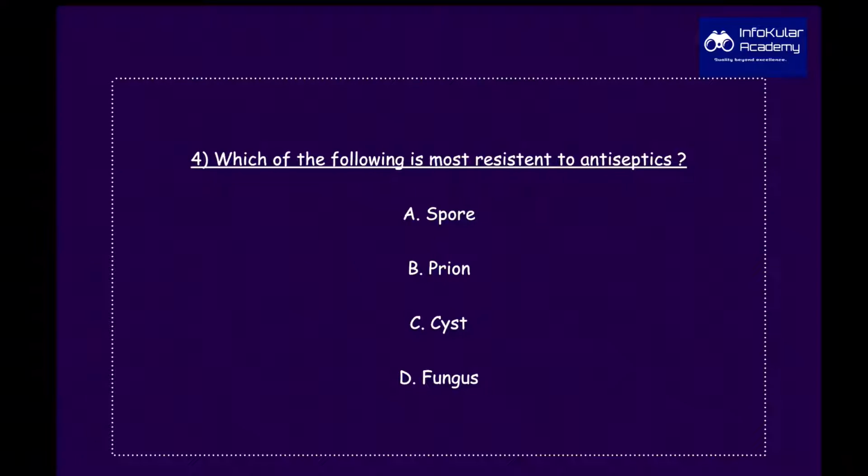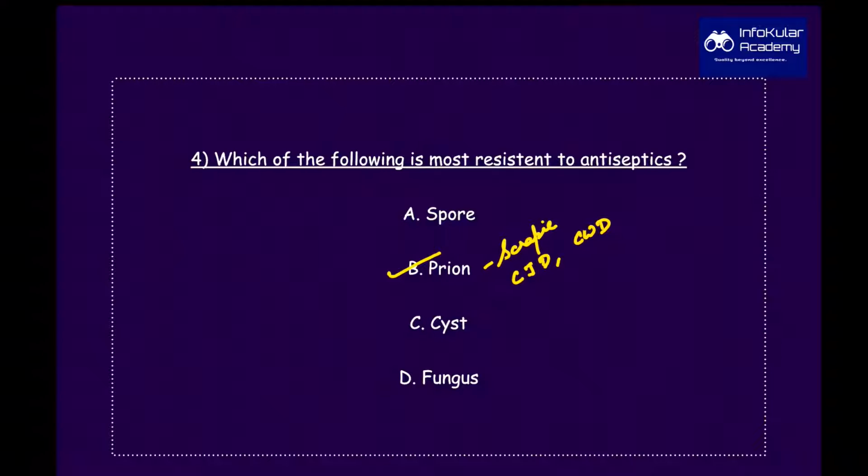Which of the following is most resistant to antiseptics? A. Spore, B. prion, C. cyst, and D. fungi. The answer is prions. Prions are the most resistant, and they cause diseases such as scrapie or Creutzfeldt-Jakob disease or chronic wasting disease.